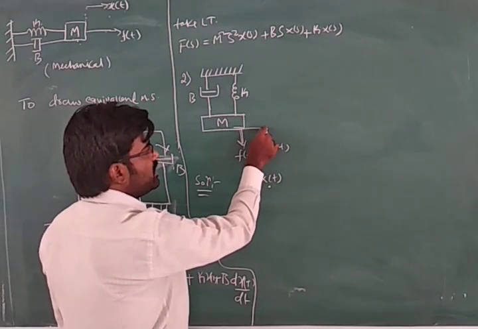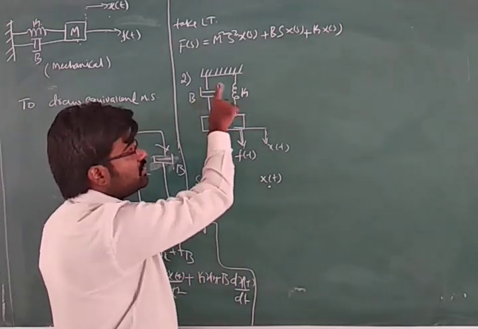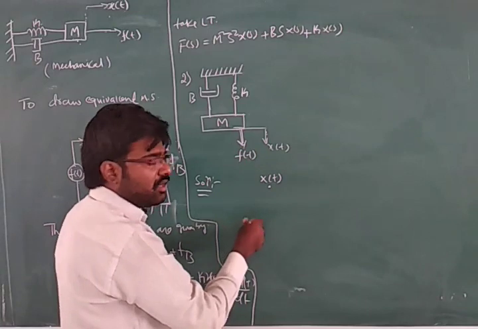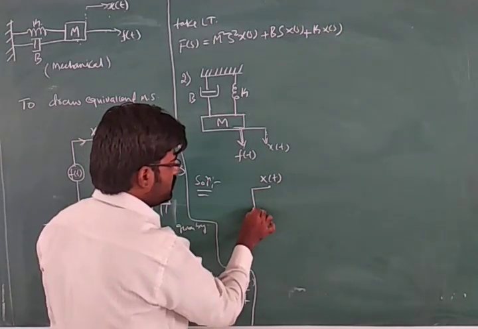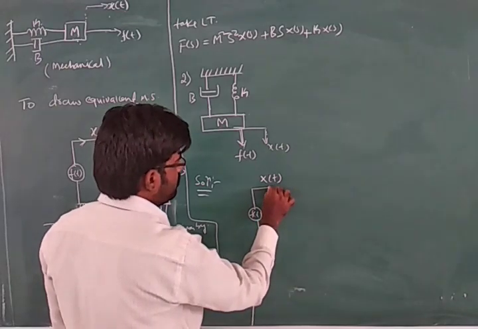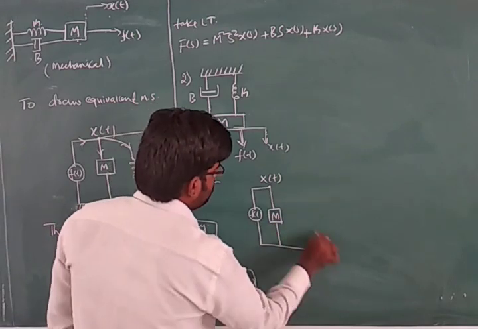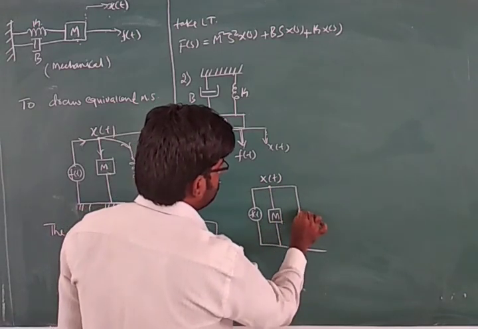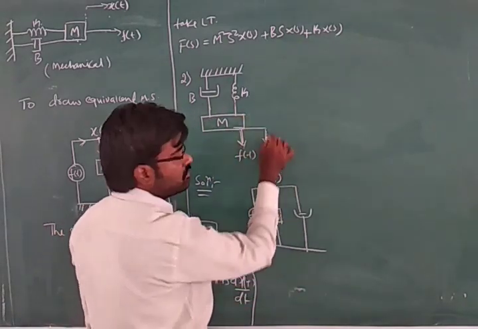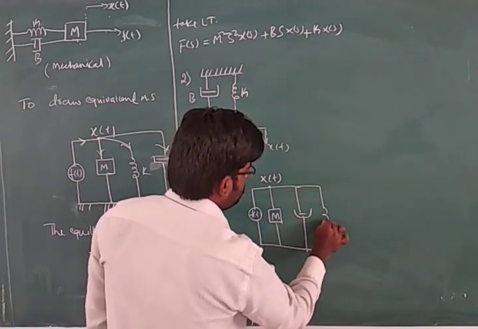This displacement is influencing these parameters m, b and k along with the applied force. So this is F of t, this is mass, this is dashpot, and K is also connected to this displacement or influenced by that displacement only.